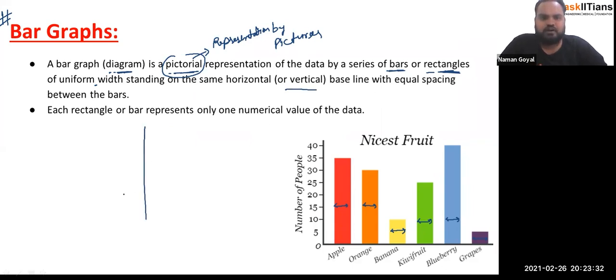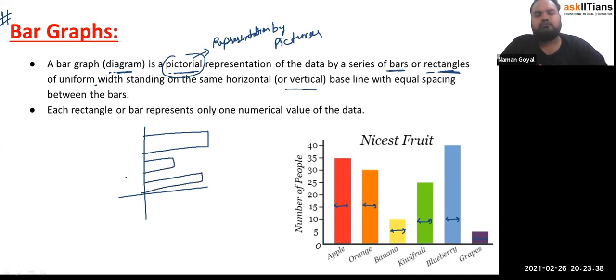Now see, a bar graph can also be drawn like that, standing on horizontal or vertical. With equal spacing between the bars, and this space is also uniform, right? Each rectangle or bar represents only one numerical value.